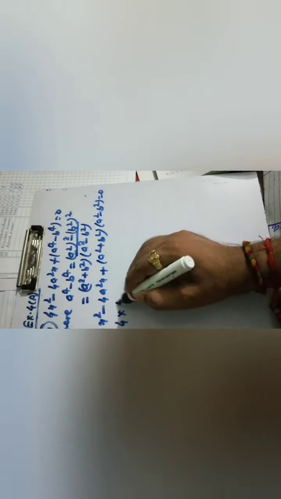Now the product of a and c, that is the coefficient of x square and the constant term, will be 4 multiplied by a square plus b square into a square minus b square. Now we have to choose two factors from this so that their sum is equal to minus 4a square. So this can be written as 2 into a square minus b square multiplied by 2 into a square plus b square.